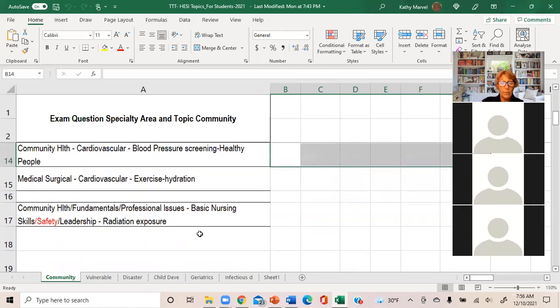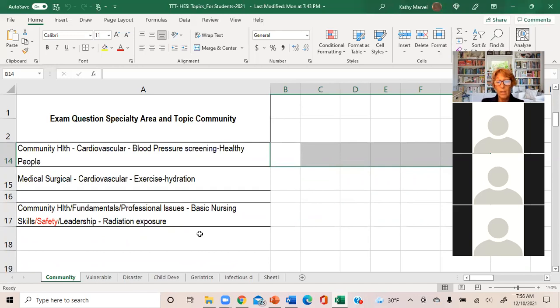Here on number 15, we're bringing in our med surg knowledge. With regards to exercise and hydration, what might you get with that? What kind of question? Electrolyte imbalances. Yep. Maybe signs of dehydration.